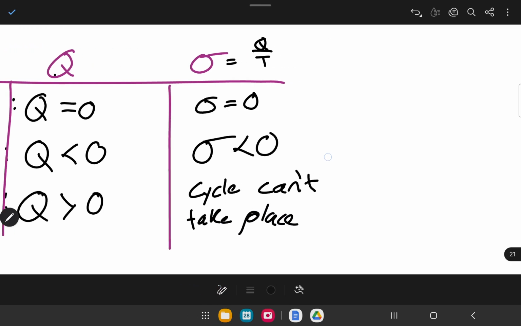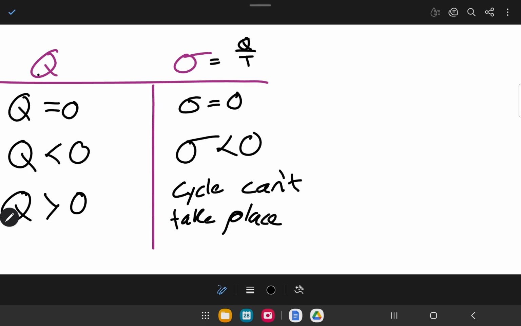This is why the Clausius inequality can be written as Q over T is less than or equal to 0, which is what we discussed in class, was this right here.